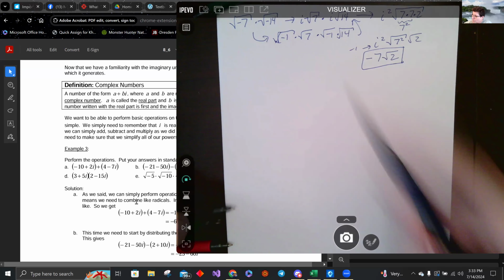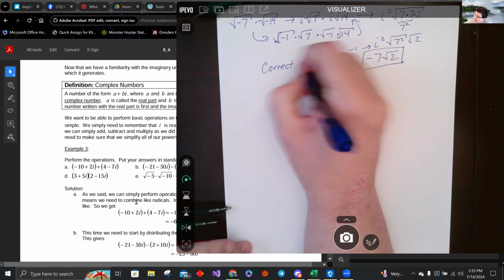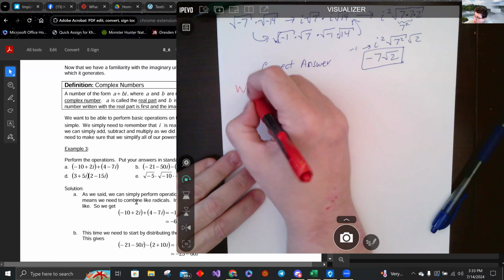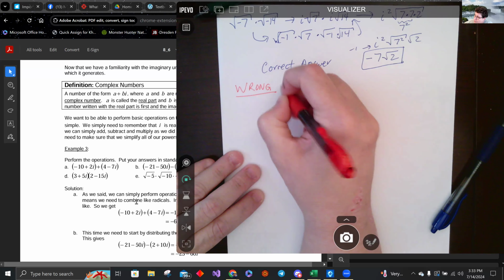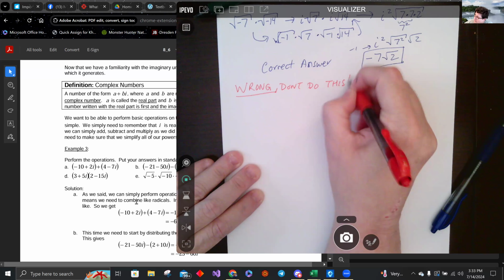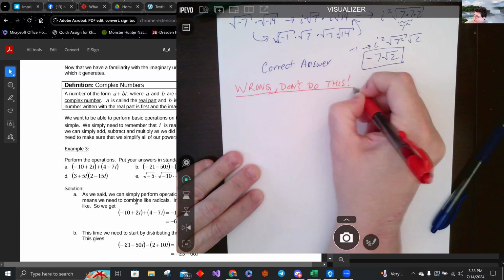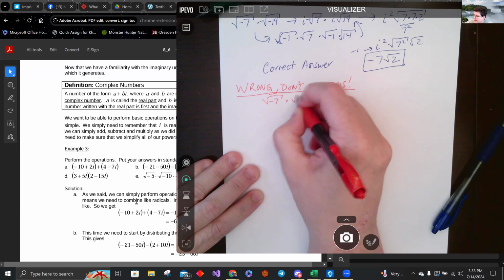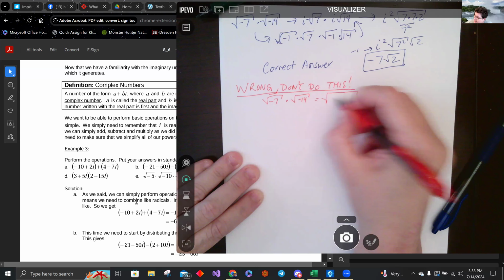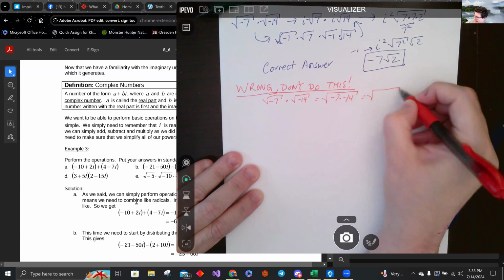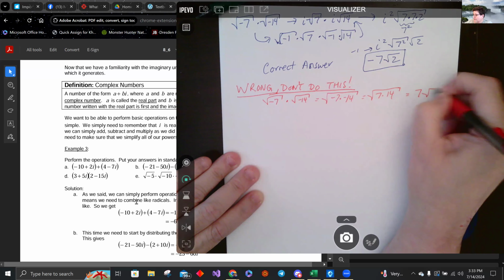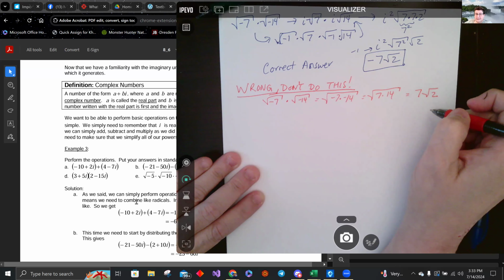Now, if this is the correct answer, the following is wrong. Don't do this. Don't say square root of negative 7 times square root of negative 14 is square root of negative 7 times negative 14 and make the negatives cancel out. This is going to get you 7 root 2 and no negative sign.